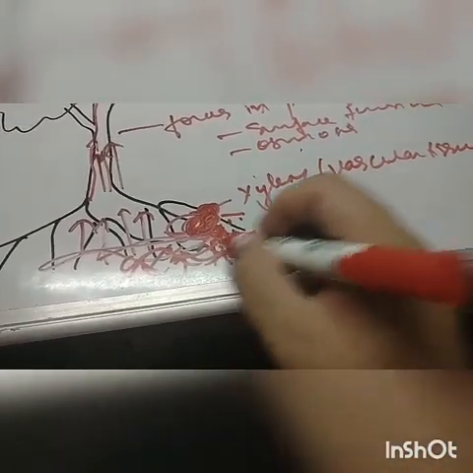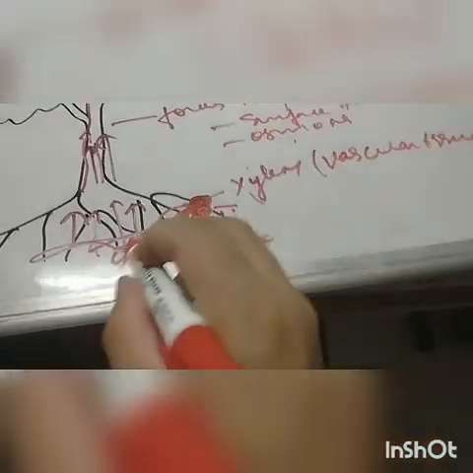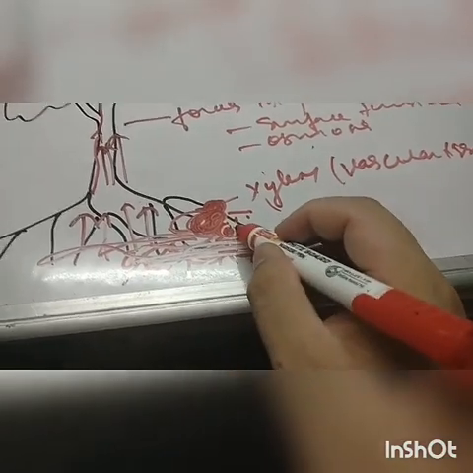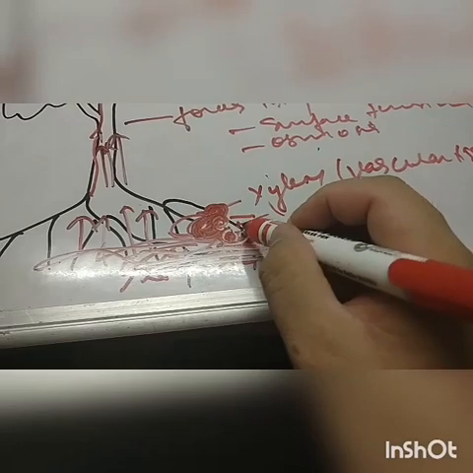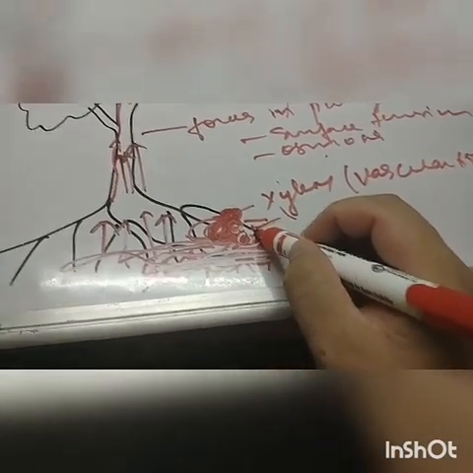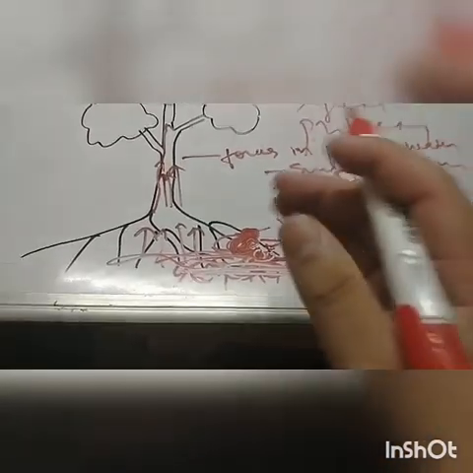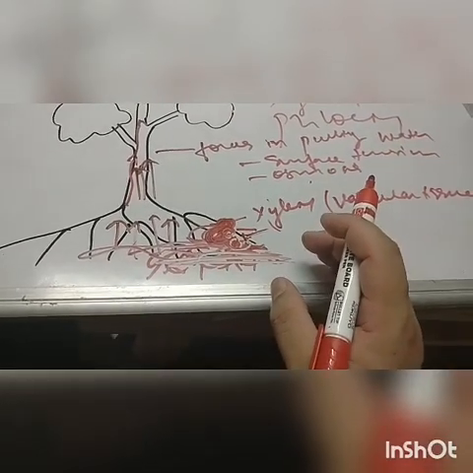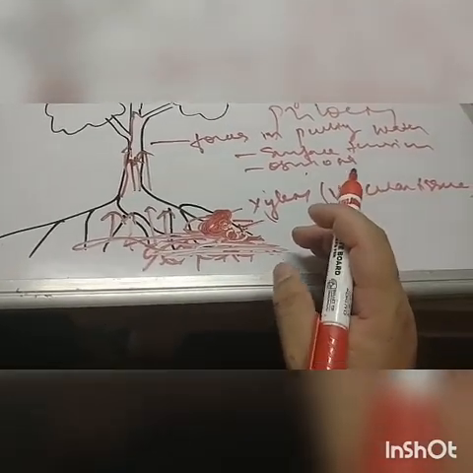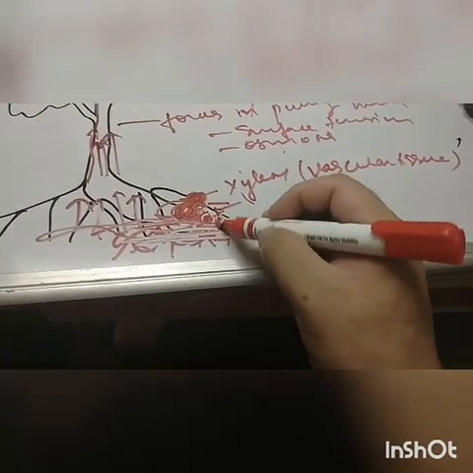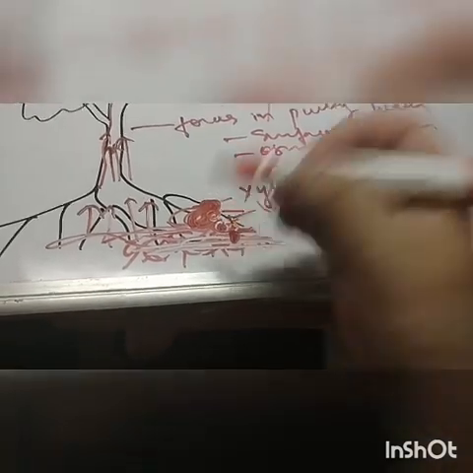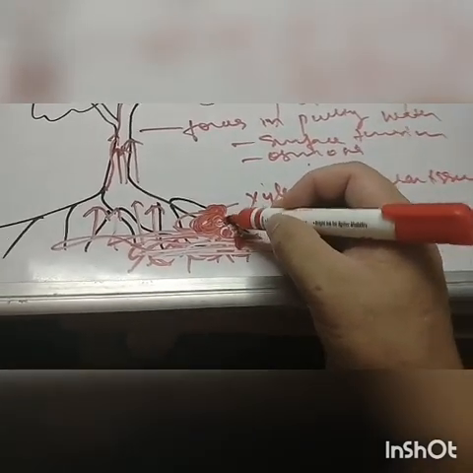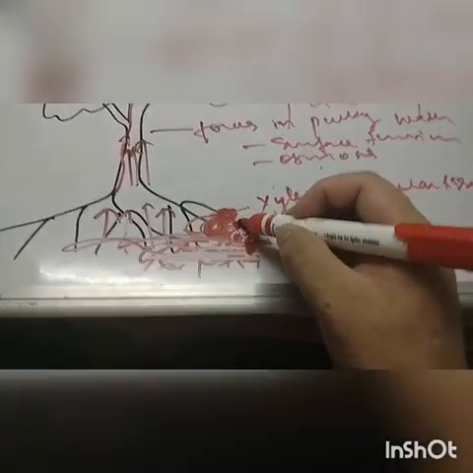In the soil there are so many things: minerals, ions, water vapor, water molecules. All these things will get in contact with this root. Because of this, a concentration gradient is created, a difference in concentration.